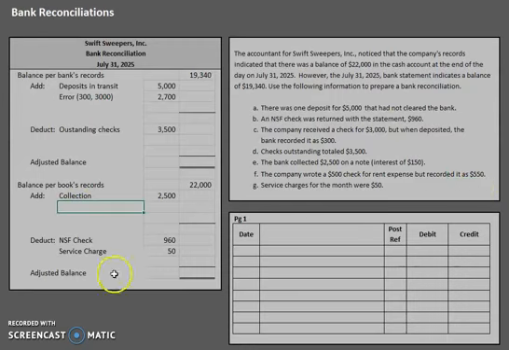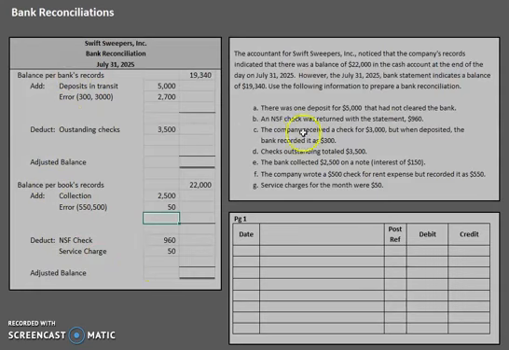They have to add back in the error. So here, when we add this back in, we're saying, previously, we decreased our cash account by too much. Now I'm adding it back in to bring it back to the 500 that was supposed to originally be deducted. So these take a little bit of practice.